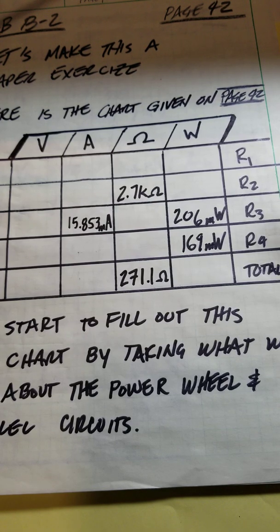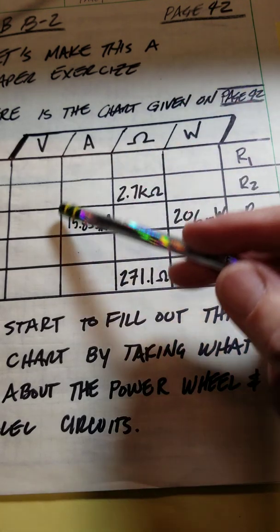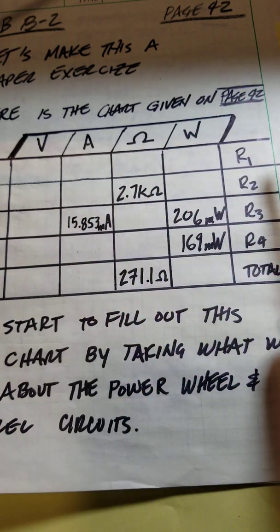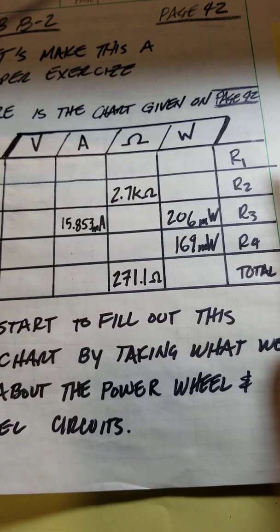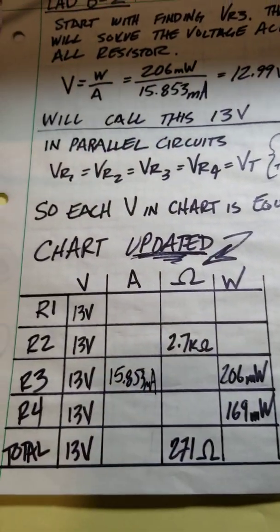We're going to make this a paper exercise, and here's the chart from page 42 that we're working with. The idea is that we're going to take this information and work with what we have in order to solve the problem.